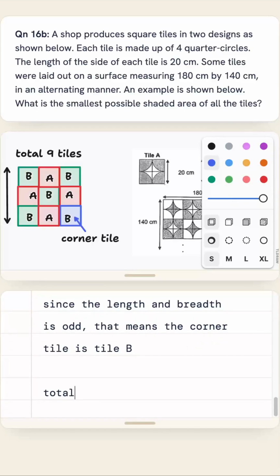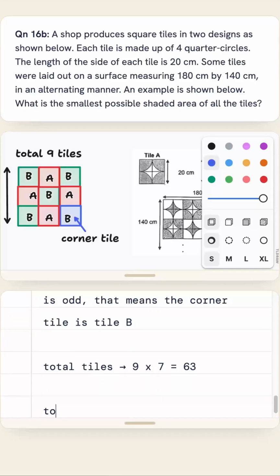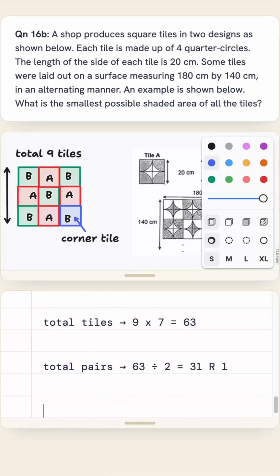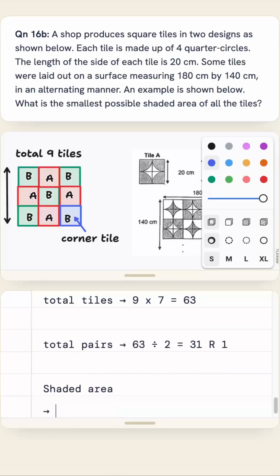So total tiles will be 9 times 7, which gives us 63. Then total pairs would be 63 divided by 2, which gives us 31, remainder 1. So the shaded area is basically 31 times 400, then plus the tile B.